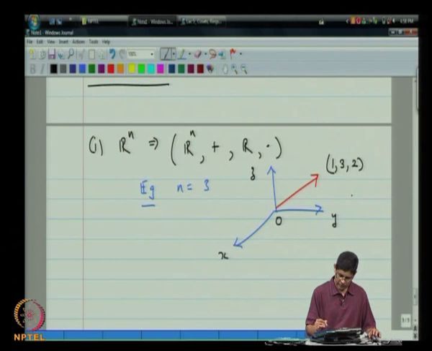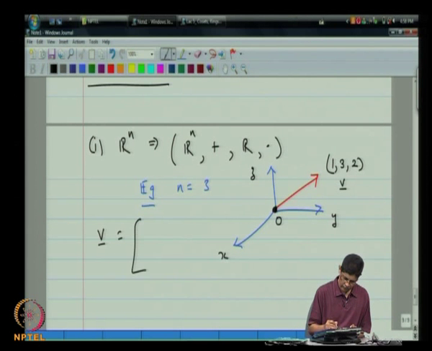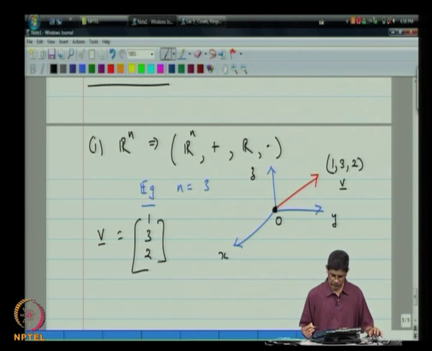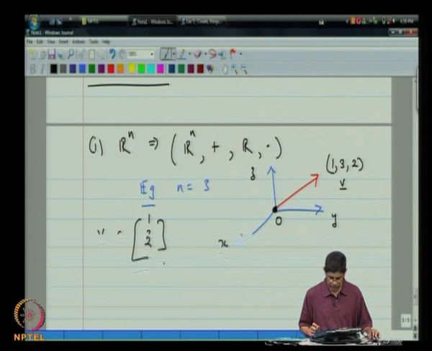So, then this line here would represent the vector (1, 3, 2), right. And you can verify that this forms a vector space.